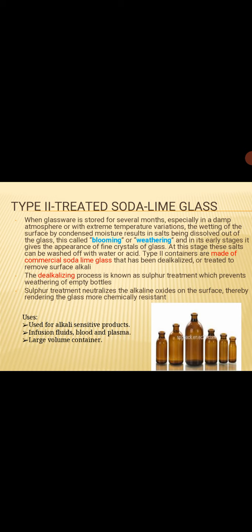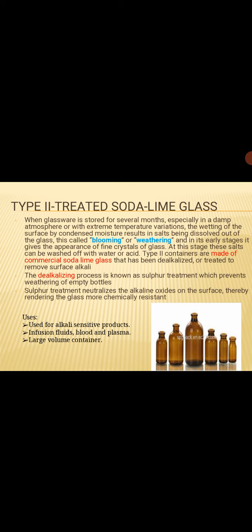Type 2 containers are made of commercial soda lime glass that has been de-alkalized or treated to remove the surface alkali which formed على الأوتر surface بتاع الجلاس due to التخزين في unsuitable conditions.